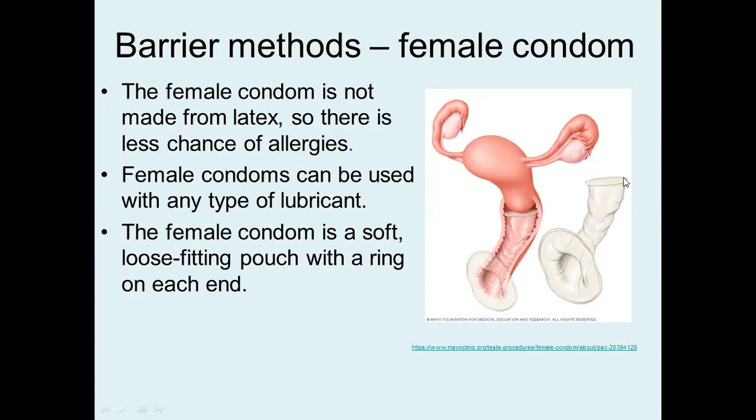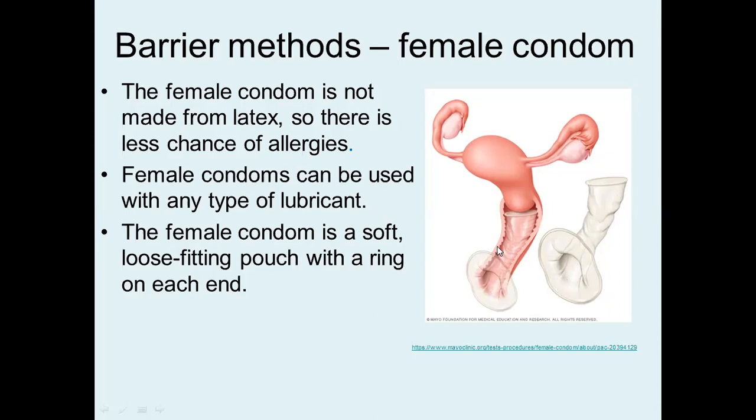You can see it here, and it's loose. This ring can move. And then there's a fixed rim or ring at the other end of it. It's closed at this end, it's open at this end.